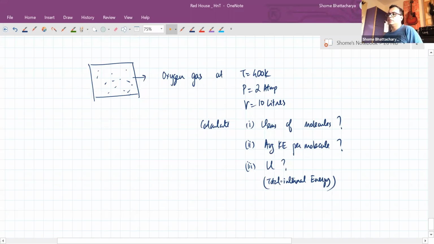Total internal energy of the gas molecules. Okay, so these three things we have to calculate.